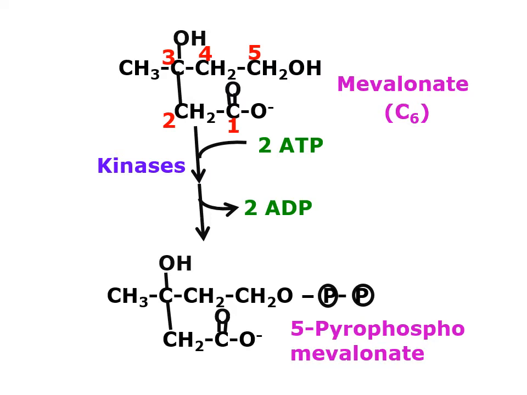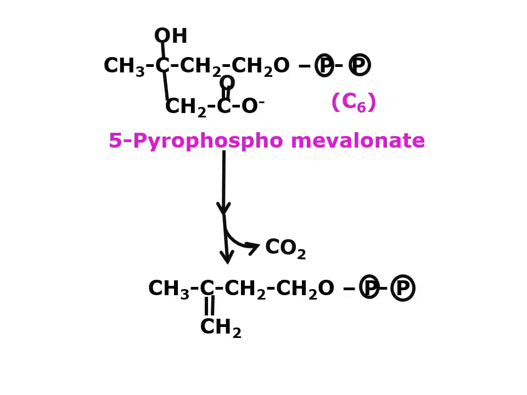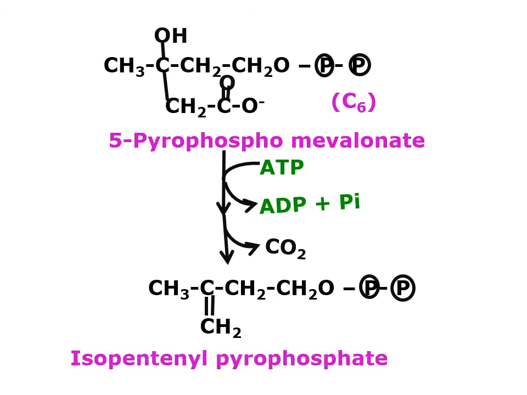Once mevalonate is formed, it is converted to a 5-carbon compound called isopentenyl pyrophosphate. Remember, cholesterol is a 27-carbon compound. So the first unit, isopentenyl pyrophosphate, is formed.